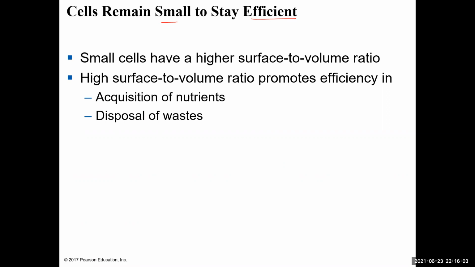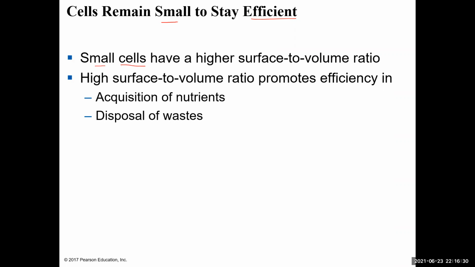So if you have a box or a cell, let's say our cells are small, right? Being small means that they have a very high surface to volume ratio. And I'll show you an example of what we mean by that in the next slide, okay? But just know that small cells have a higher surface to volume ratio than larger cells.